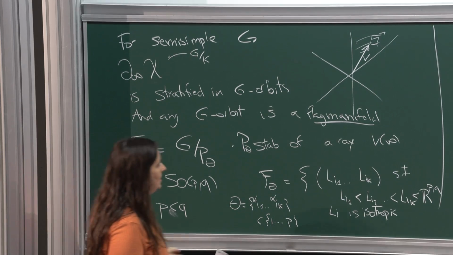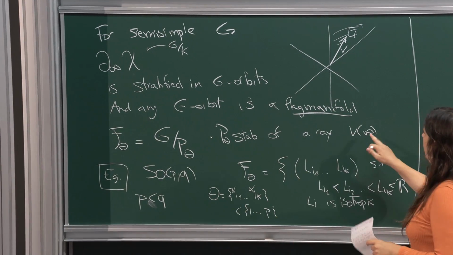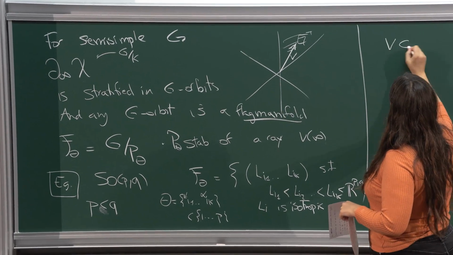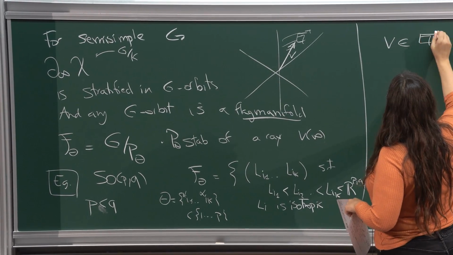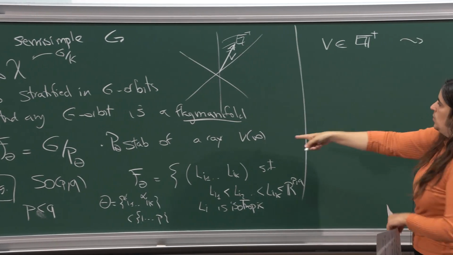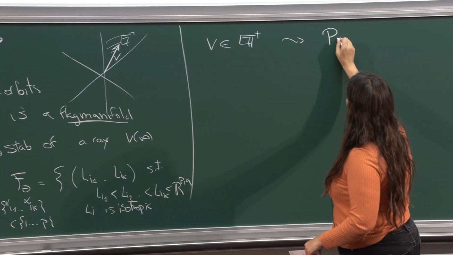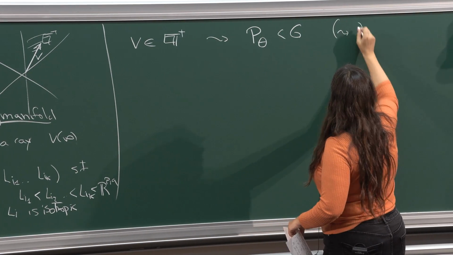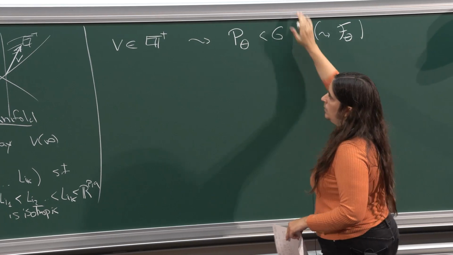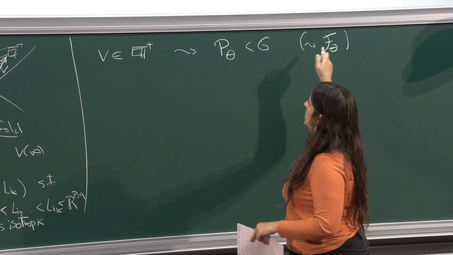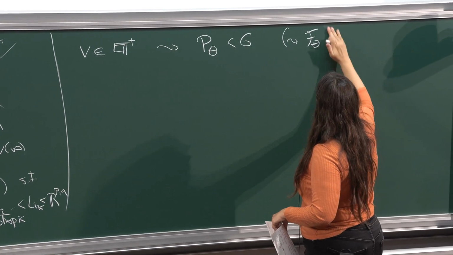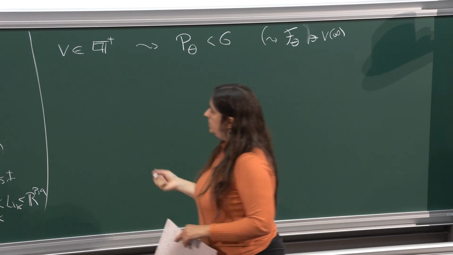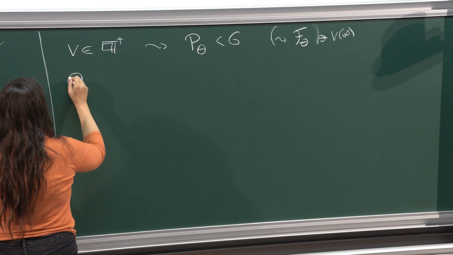Maybe I should still tell you here that if I have a vector v in A plus, this gives rise, as I was telling you, to a parabolic subgroup P theta in G, and thus to a flag manifold F theta, which are all the vectors at infinity conjugated to v infinity. And now what is theta?